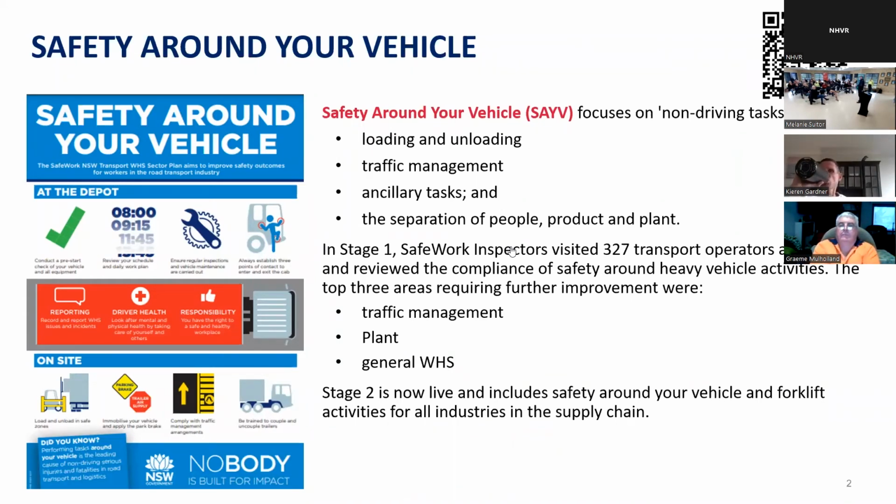We look after all workplaces except for mining and quarry. The mining and quarry is run by a different regulator, while everybody else is ours. The workplace can be a Boeing 747, your truck, your spraying, your farm, and also the Ruby Princess. During COVID, we also handled the Ruby Princess quarantine down in Sydney. That became a workplace.